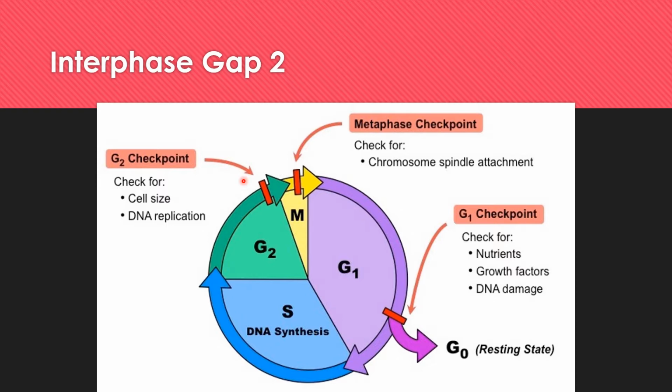They match up with the cyclin-dependent kinases to make maturation promoting factors that will let the checkpoint be passed if the cell is ready to move on to the mitotic phase. If it's not ready, then it won't be able to. It will stay in the G2 phase until it is ready to cross that checkpoint into the mitotic phase.